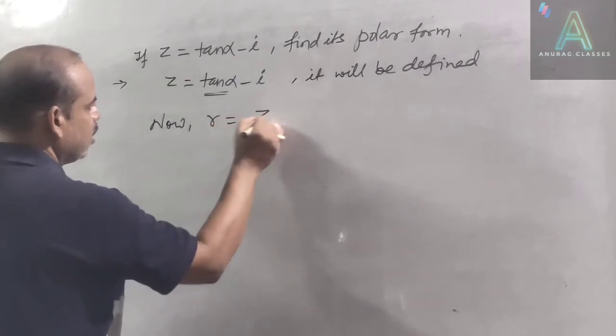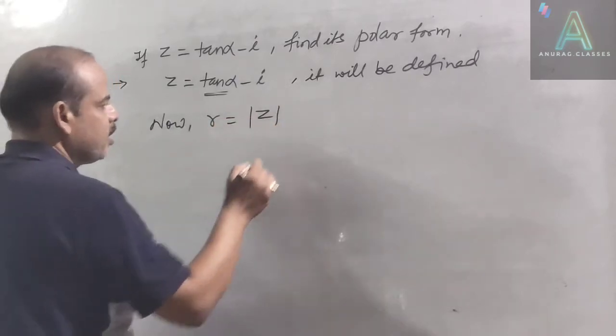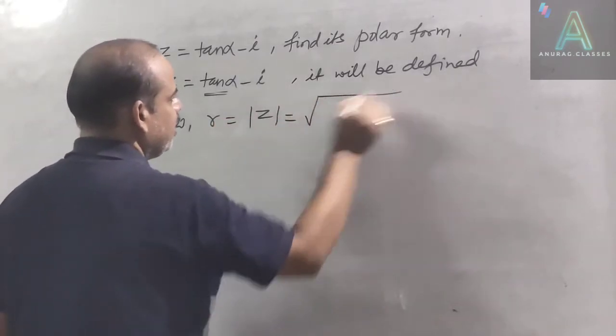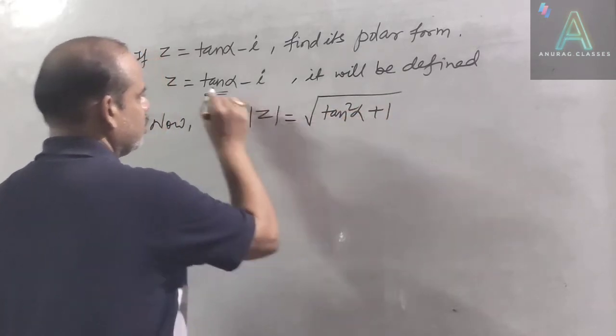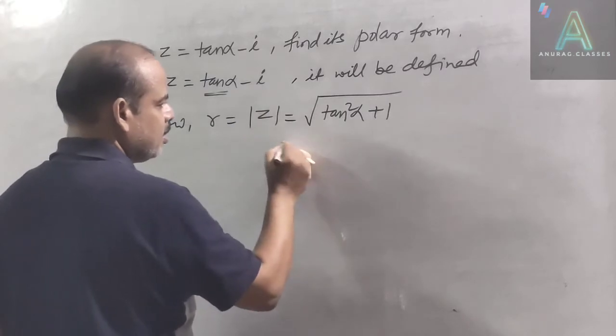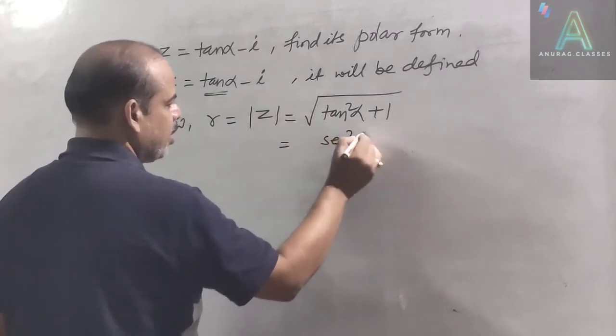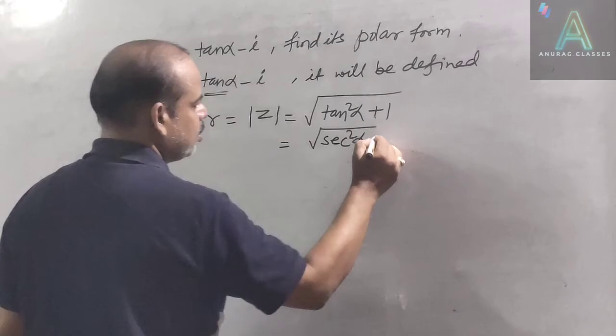And what is r? r is nothing but mod z. So it will be under root of tan square alpha plus 1, x and y. It will be sec square alpha under root.